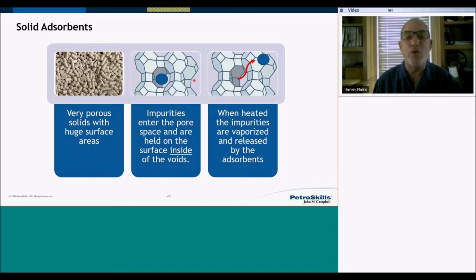When heated or when the pressure is reduced, the impurity is released, and that is how the molecular sieves are regenerated. As I mentioned before, we're going to focus on thermal swing adsorption, where you adsorb at a generally high pressure and low temperature, and you regenerate at low pressure and high temperature. There are many cases where we also regenerate at high pressure and high temperature, and we can get into that a little later if you desire.